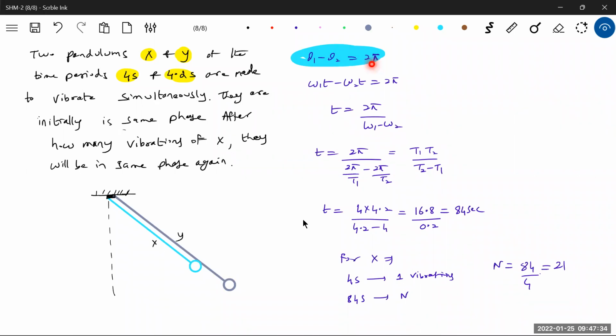After how many vibrations of X will they be in the same phase? After how many vibrations? If you write 4 pi, yes, 6 pi, it will be. The word 'after' is used. If more than one option comes, then you have to go for 4 pi, 6 pi also. Since it is a single option, we are going for the least value.